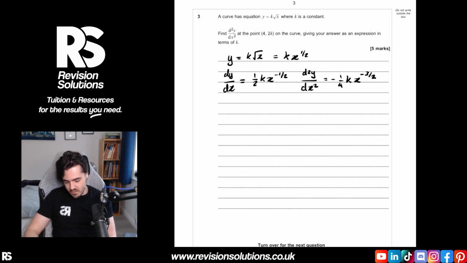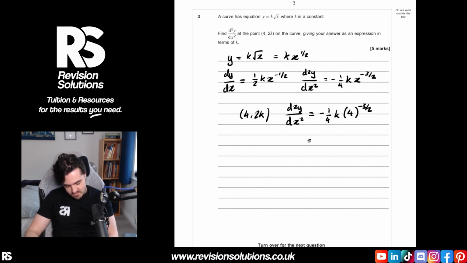And then we need to evaluate the second derivative specifically at the point they gave us, the point (4, 2k). So plugging in 4 into our second derivative, d2y by dx squared at our point (4, 2k) is going to equal minus a quarter k times 4 to the power of minus 3 over 2.